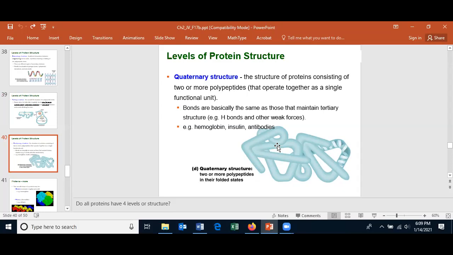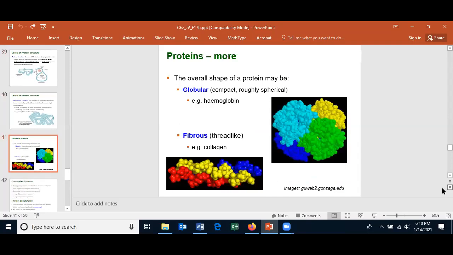The bonds are basically the same that you find in the tertiary structure, including hydrogen bonds, the sulfur disulfide bridges, and then the other weak attractions and repulsions. Okay? Any question about the 4 levels of the protein structure? If not, let's go on to talking a little bit more about proteins.